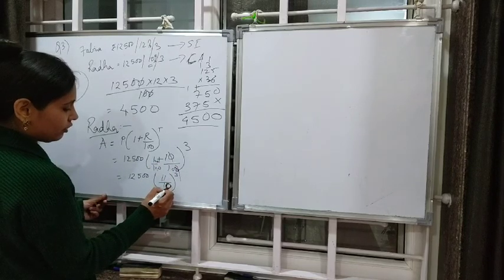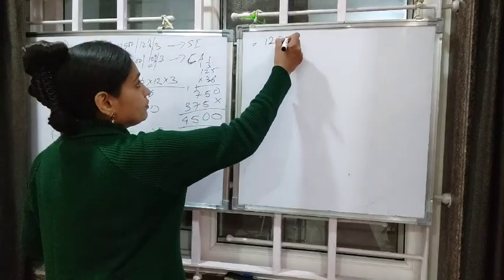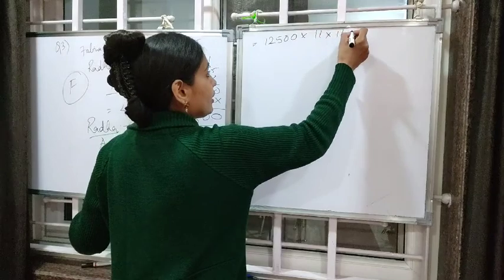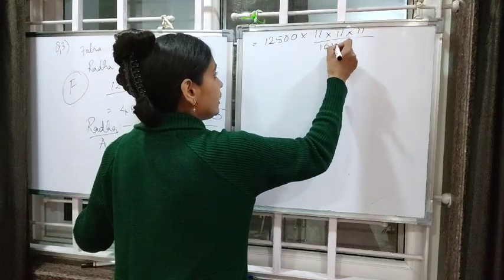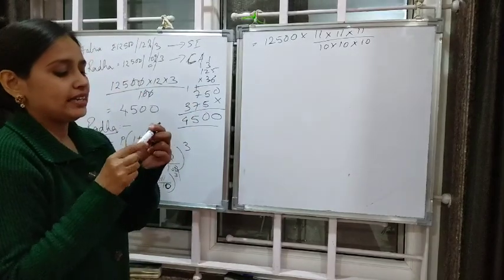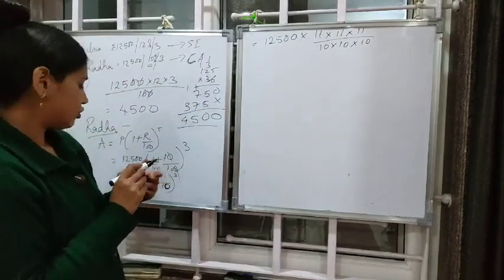This remains 10 only. You can see this is 10. So now 11 into 11 into 11 and down is 10 into 10 into 10. As you can see, time is 3 years, so it is 3 times. Okay, raised to 3.